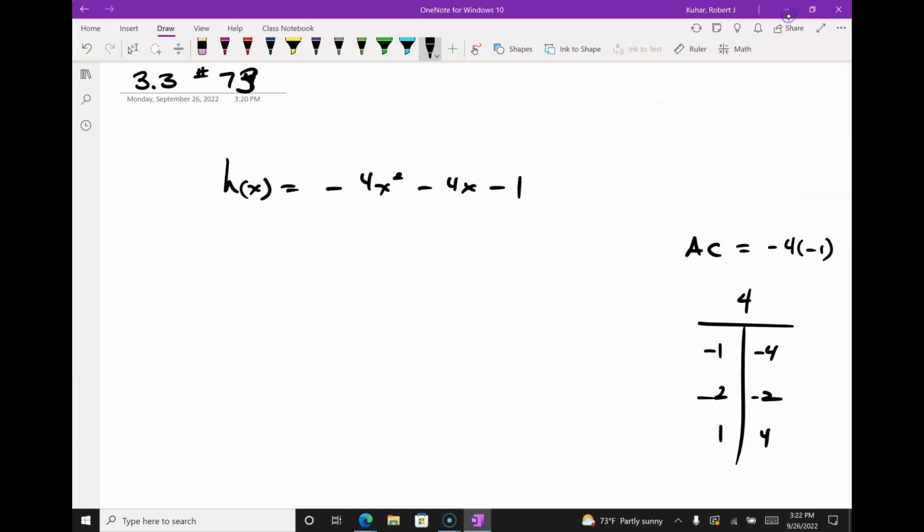So it looks like negative 2 and negative 2. Yes, you agree? I need the product to be A times C. I need the sum to be B. AC method, yes? So what I do is I split the middle term here.